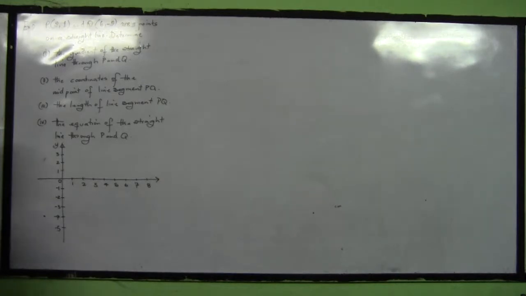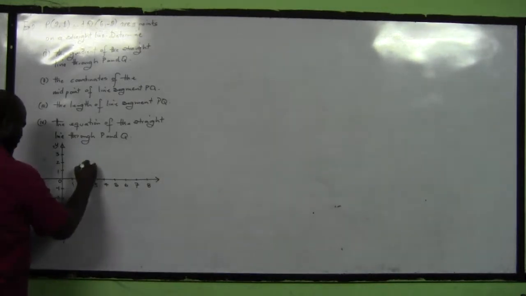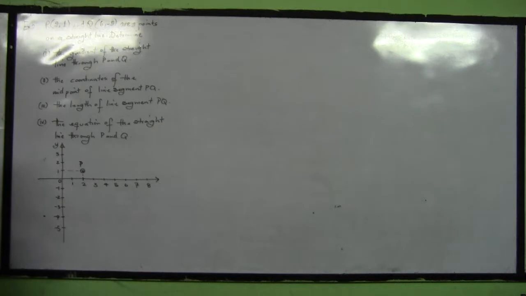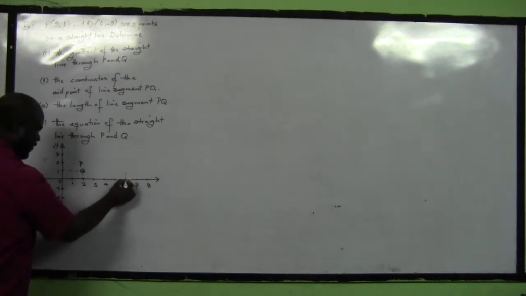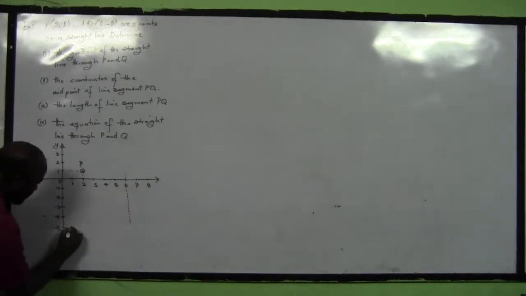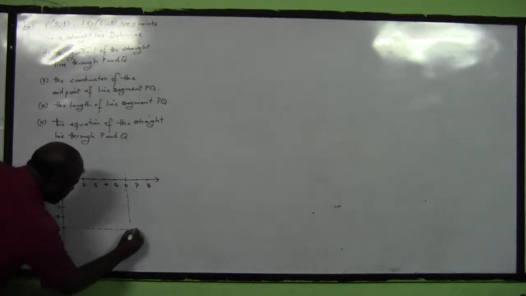P is 2, 1, so that's 2 vertical, 1 horizontal, that is P. You didn't need to draw this diagram to do the question, you didn't need to. The next point is 6, minus 5, so that's 6 vertical, and minus 5 horizontal.